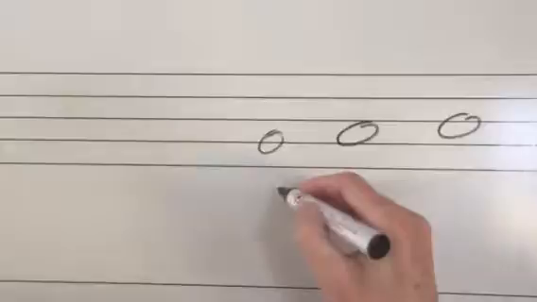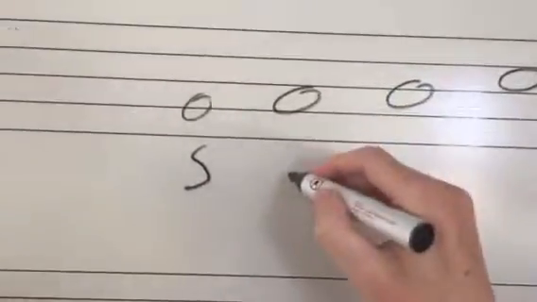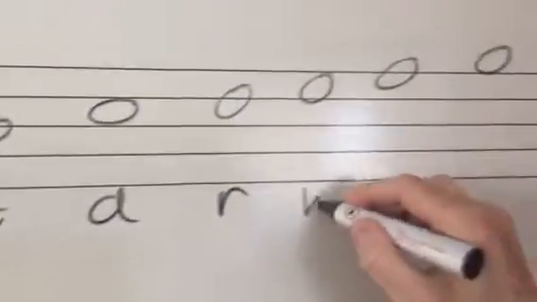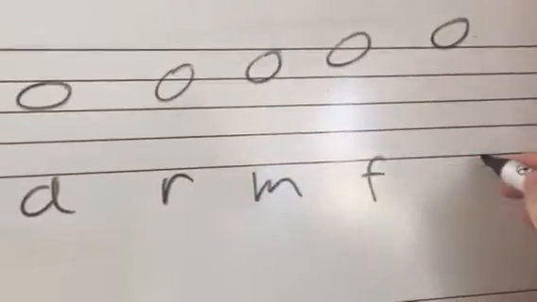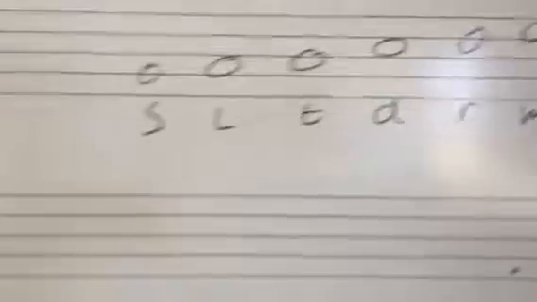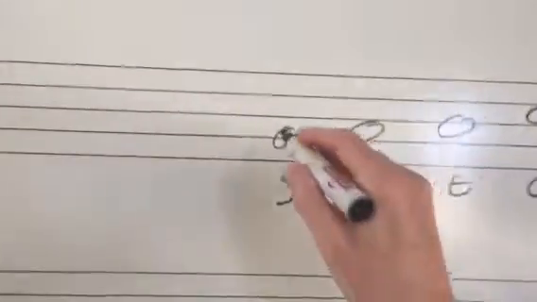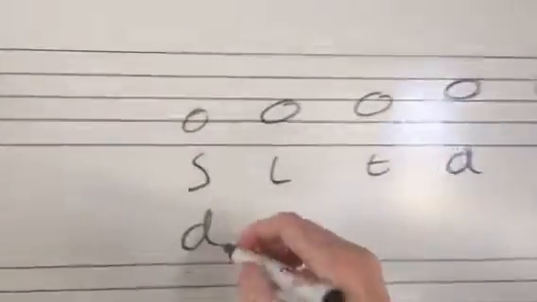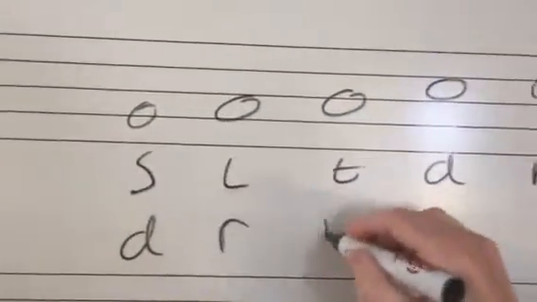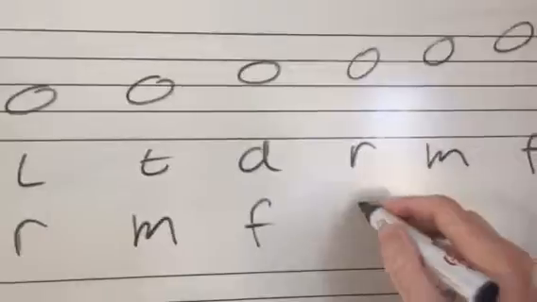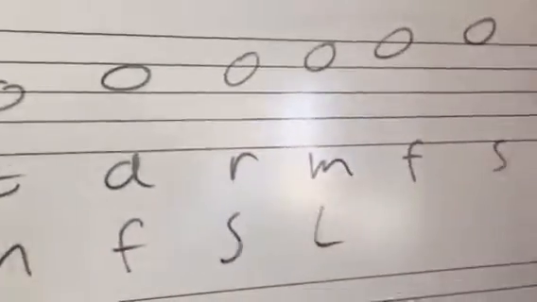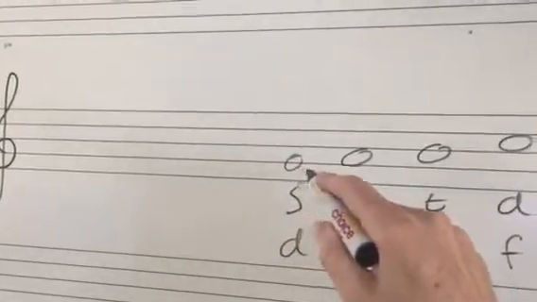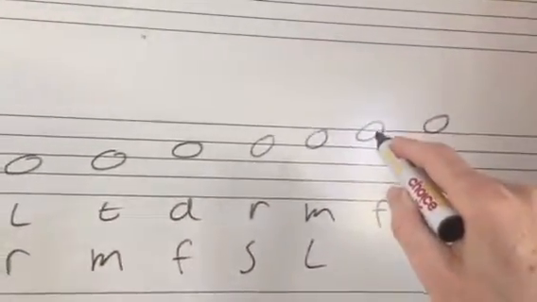So we could either sing this by starting on So, Sol, La, Ti, Do, Re, Mi, Fa, Sol, okay? Or we could treat the first note as a Do and then go up like so. Do, Re, Mi, Fa, Sol, La. Now usually, if we were treating this as G major, we would have an F sharp there.